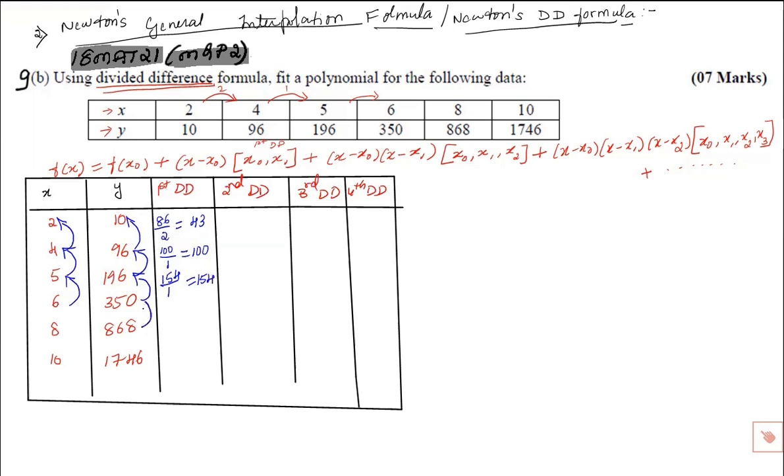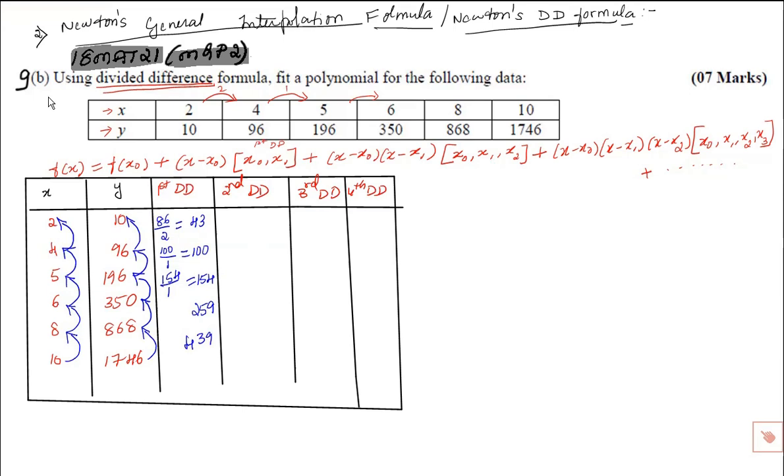Similarly, 868 minus 350 divided by 8 minus 6, you will get the answer as 259. Then 1746 minus 868 divided by 10 minus 8, you will get 439 as the answer.